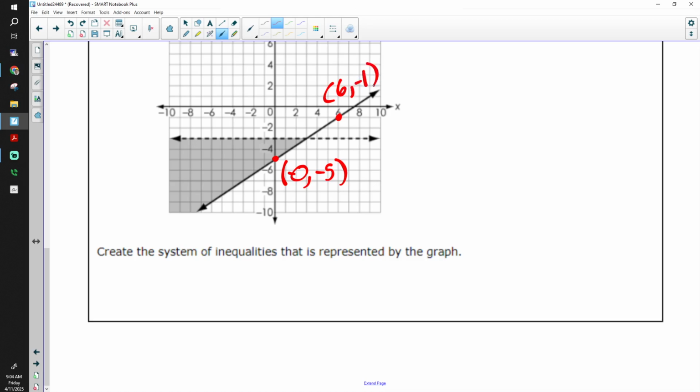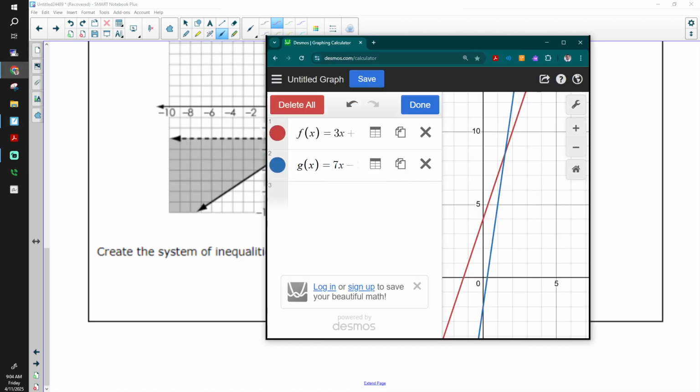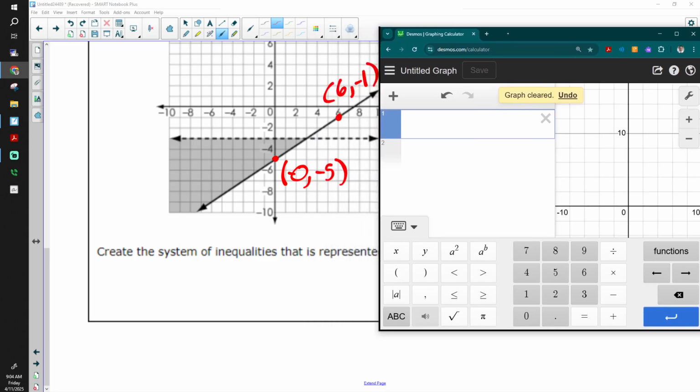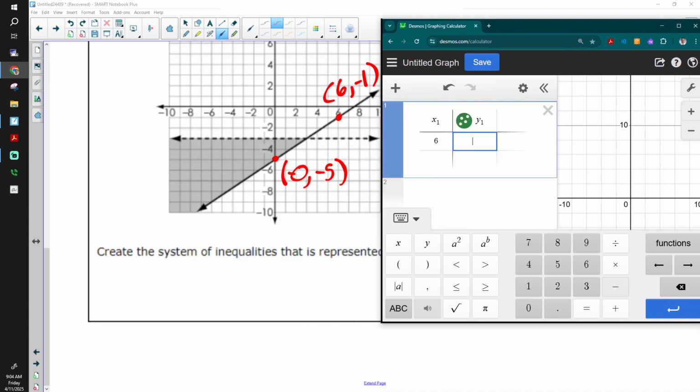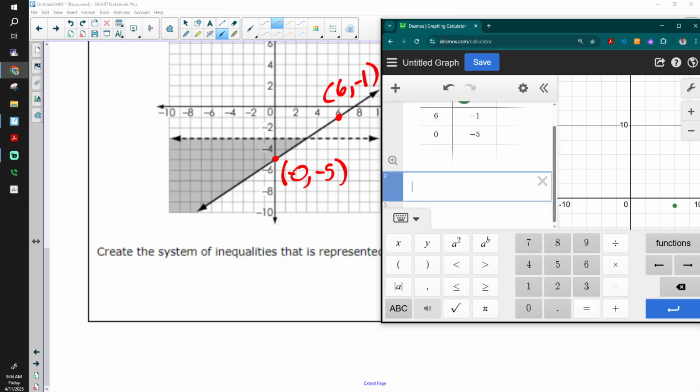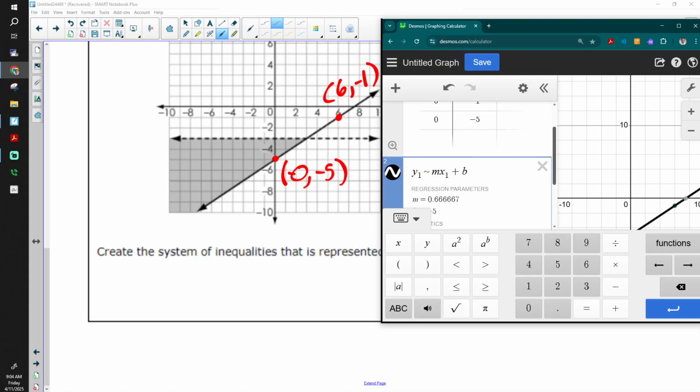So when I'm making an equation in Desmos, I'm using my cheat code. So let's delete this out. In a table, I have 6, negative 1, and I have the point 0, negative 5. Putting in my cheat code, y1 squiggly, mx1 plus b, I can see everything I need.